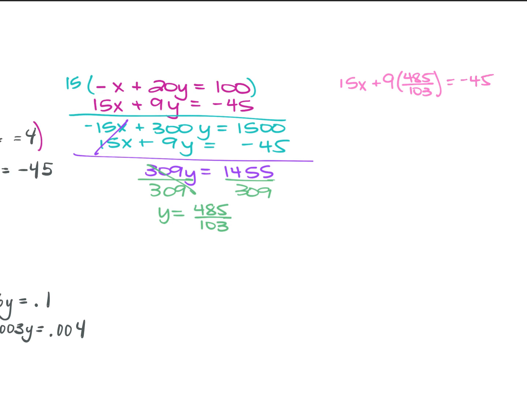This is going to give you, if you multiply the 9 times the 485, 15x plus 4,365 over 103 is equal to negative 45.